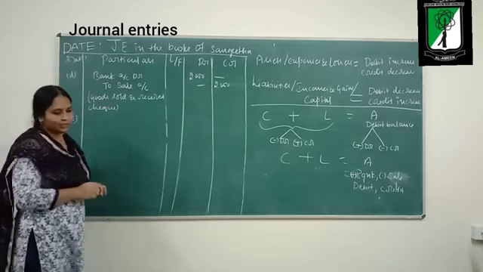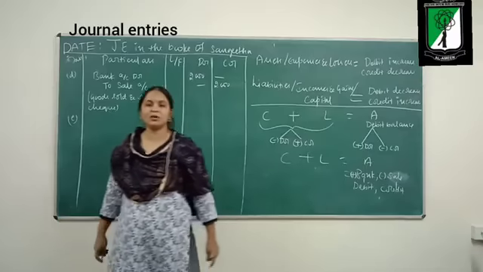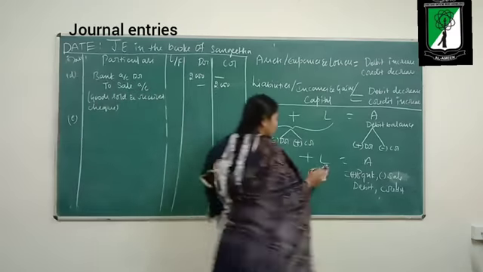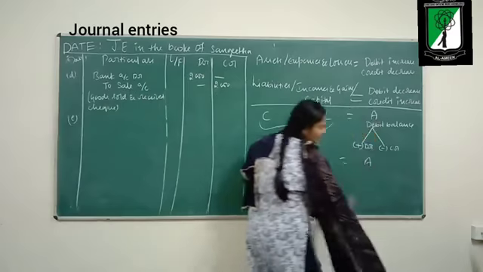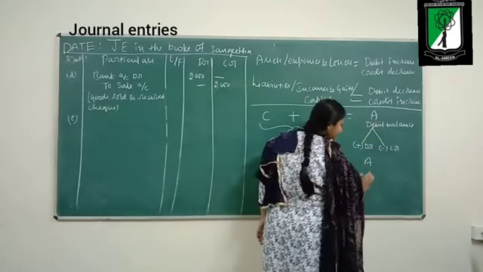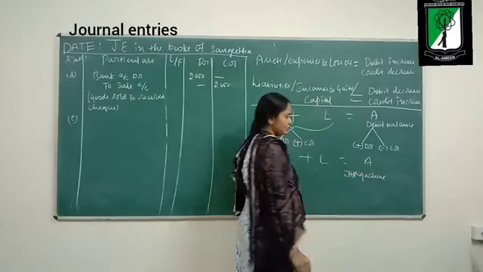Fifth transaction. What is the fifth transaction? Purchased machine costing rupees 6,000. So here business has purchased machine. Machine is an asset. My asset is increasing.